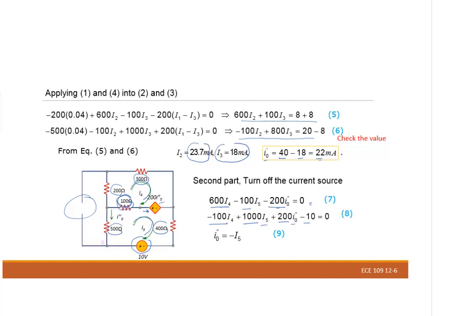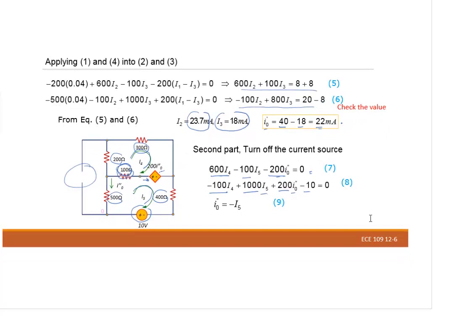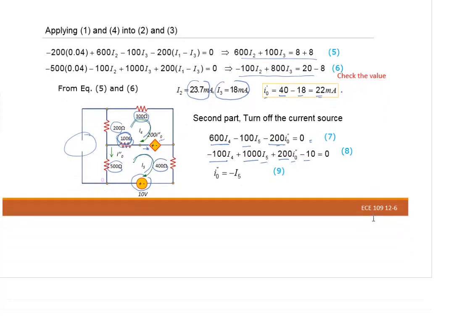Okay, let me leave room right there. I can show you what's happening. So the first equation will be here 600 I4 minus 100 I5 minus 200 times negative I5 equals 0.